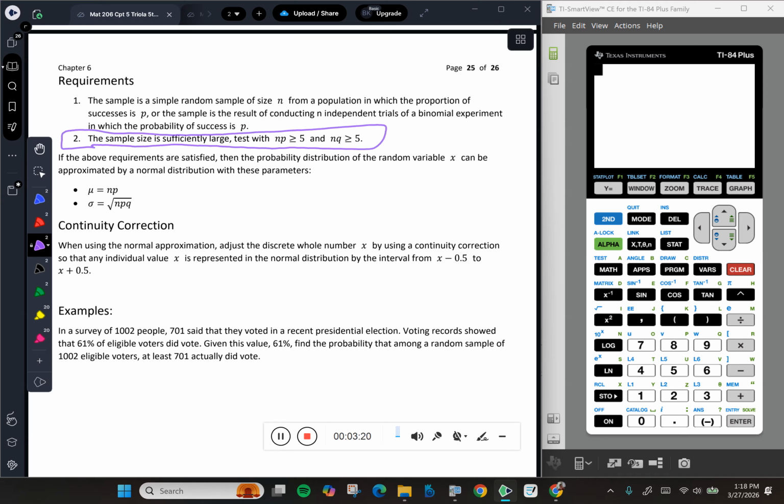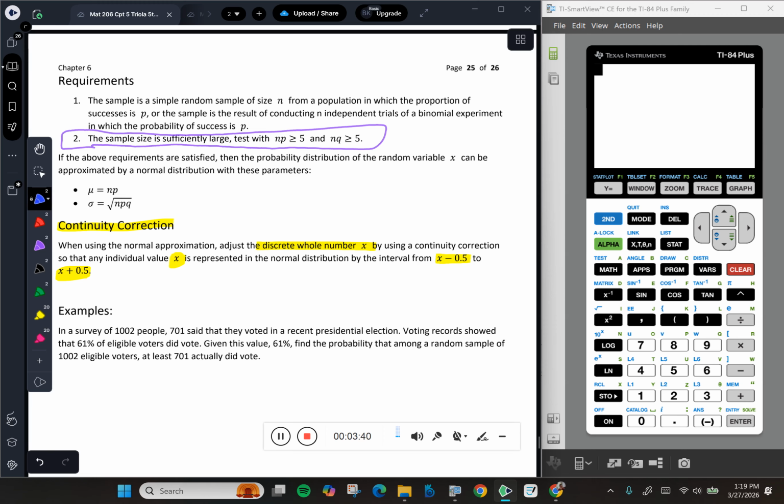The only thing we have to do is something called the continuity correction. What the continuity correction does is it takes a single value x that is a discrete whole number and makes it into an interval by taking the lower end of the interval down by 0.5 and the upper end of the interval up by 0.5.